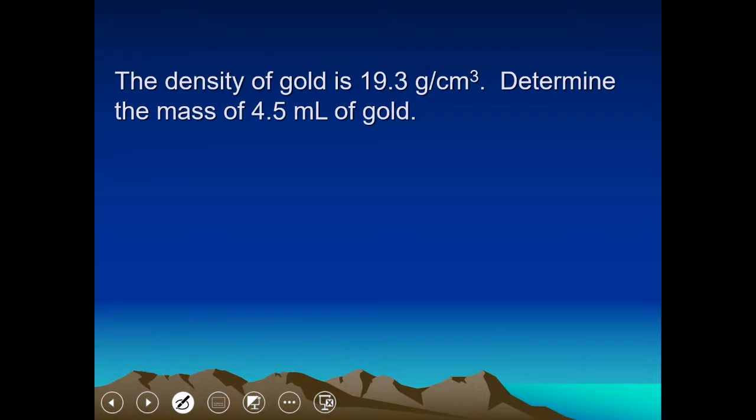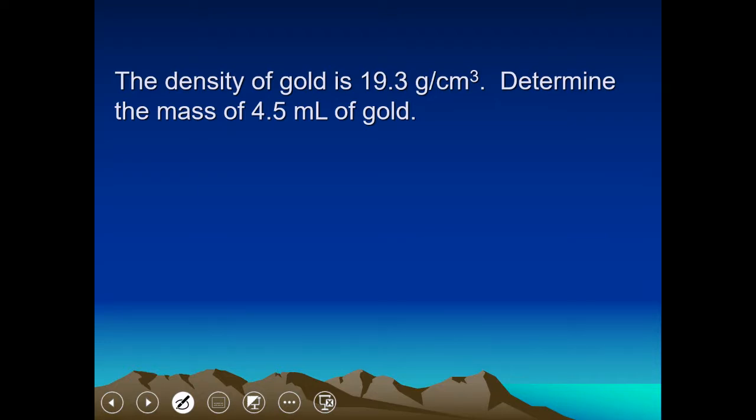So here we have a sample problem. Gold is very dense. That's why when they would pan, the gold would sink to the bottom of the pan and they could swoosh everything else out with the water and retain those gold nuggets on the bottom.